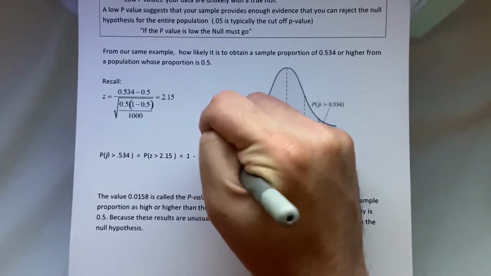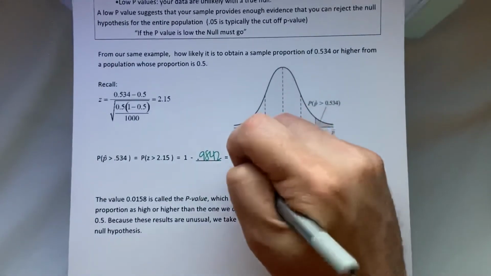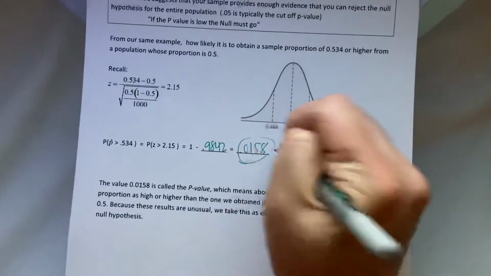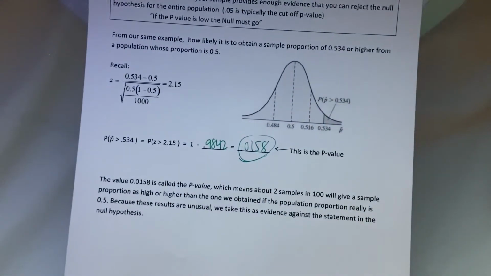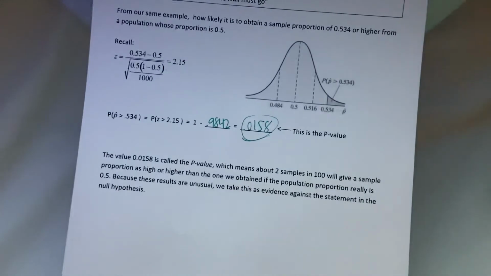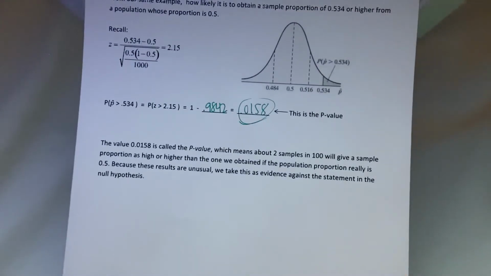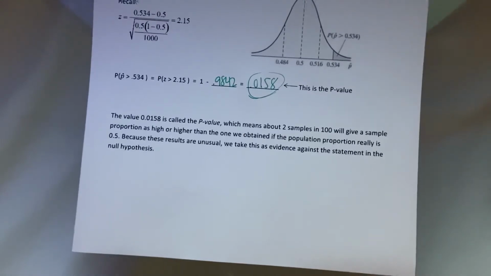It's 0.9842. 1 minus that is 0.0158. Now, 0.0158, that is our p-value. That means there's only a 1.58% chance of getting a z-score of 2.15 or greater. That's pretty unusual. Really 2 samples in 100 at most will give that sample proportion. Because this is unusual, we would say this is evidence against the null hypothesis.